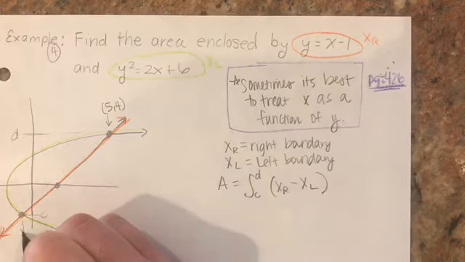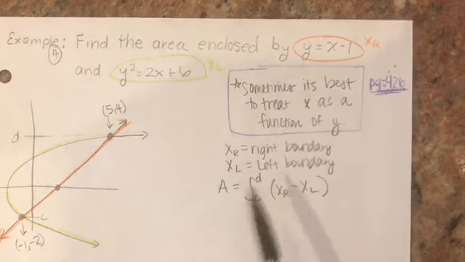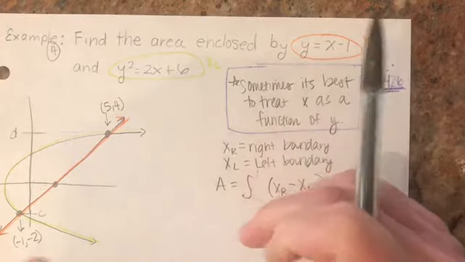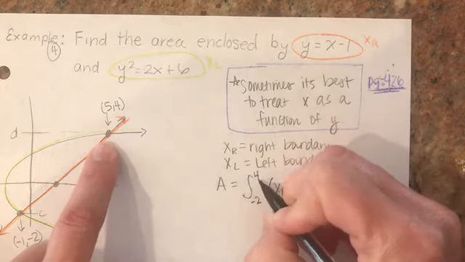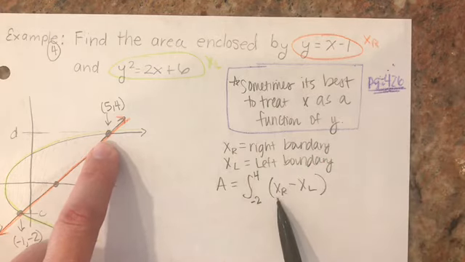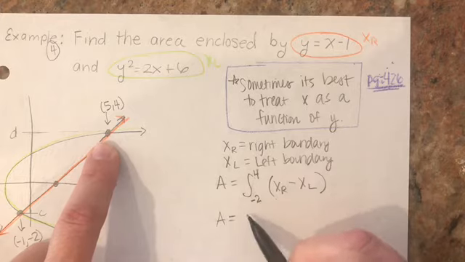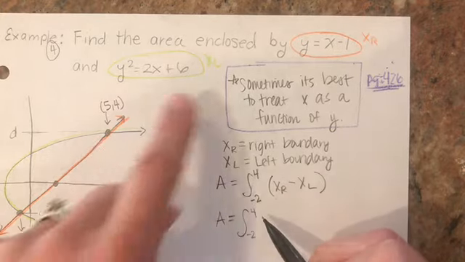And down here, they intersect at -1, -2. So think of what is your C and what's your D in this situation. It's our -2 and our +4. And then we want to put our XR function first. So -2 to 4. And then our XR equation.